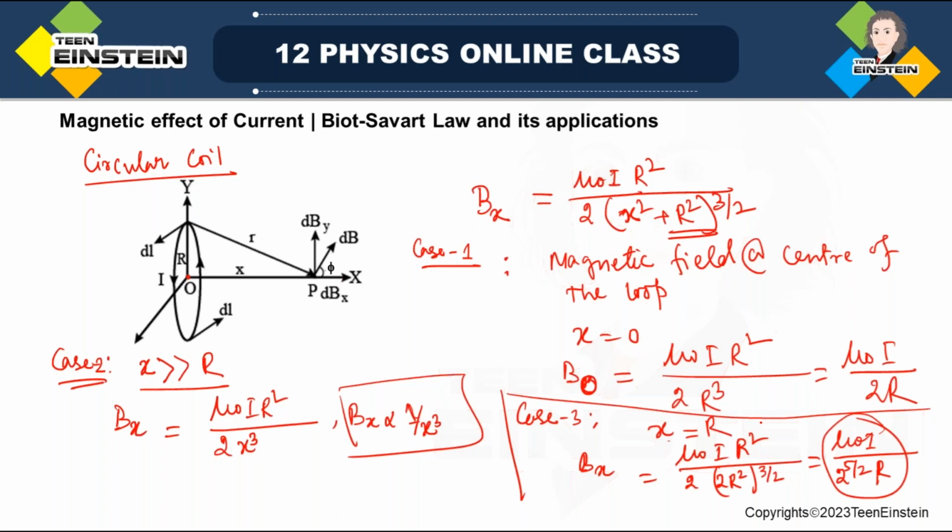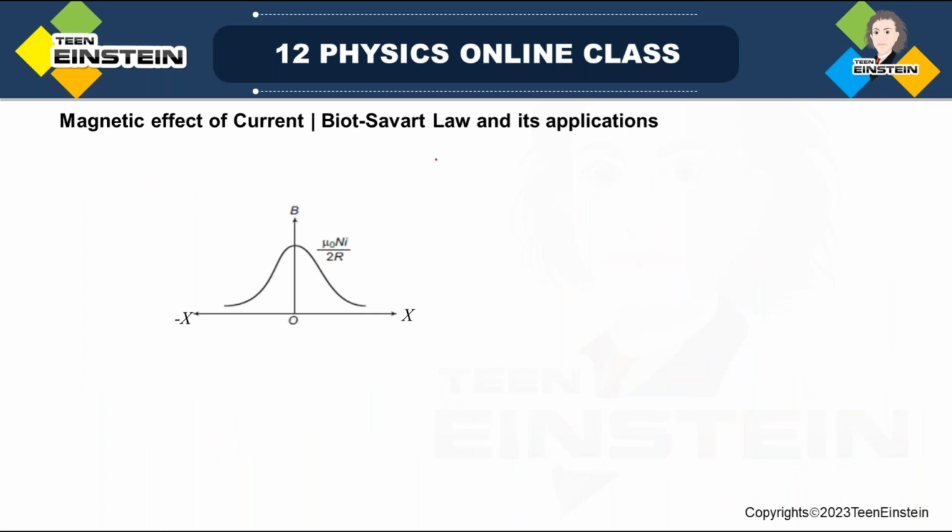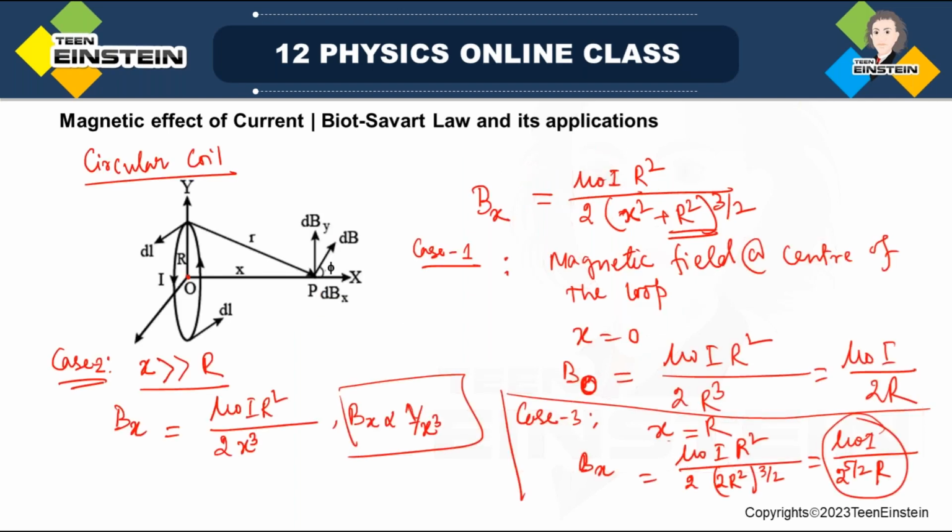Now, as you can see from the general formula, mu0 I by 2, R square divided by (x square plus R square) whole to the power 3 by 2. In this case, at the center of the coil, the magnetic field will be maximum.